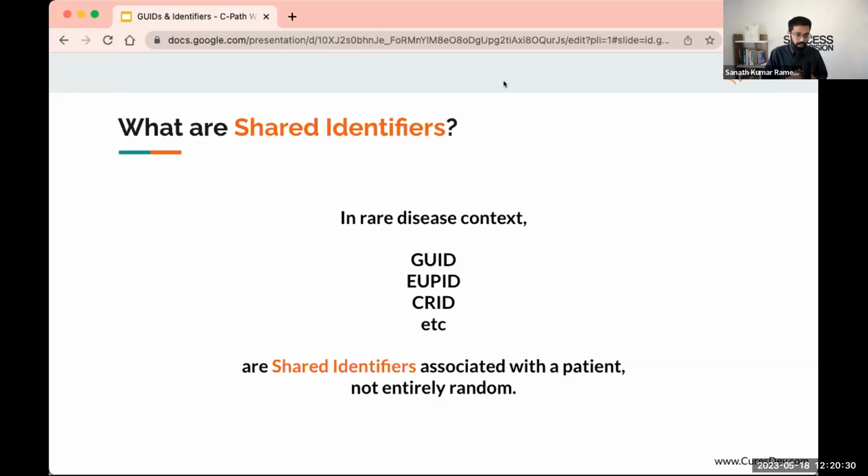So when you hear the term GUID, although it's colloquially used in the rare disease space to refer to an identifier that represents patients, the technical term for GUID is globally unique identifiers. It has no meaning whatsoever. It's purely random. In the rare disease context, we use it colloquially to refer to an ID that is associated with a patient.